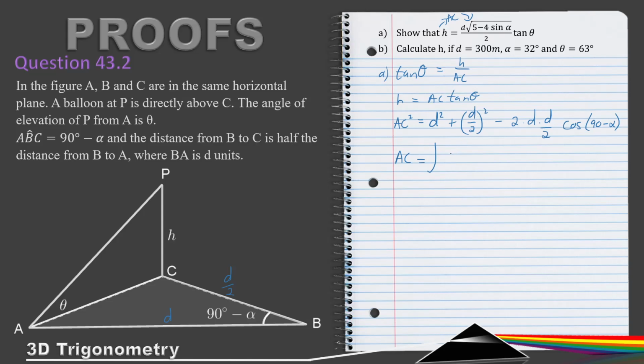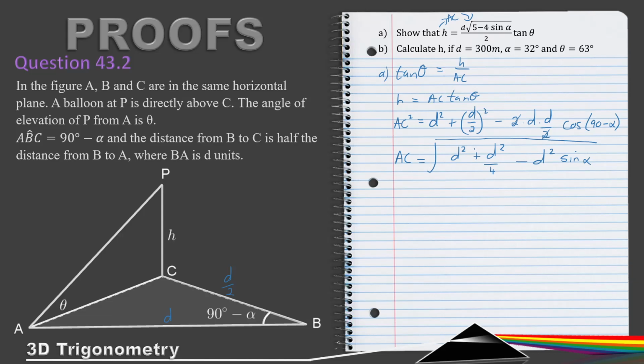So this is D squared plus D squared over 4, because it's squared, minus, so this 2 and 2 cancel, and then D times D is D squared, cos of 90 minus alpha. This is the reduction formula I can apply here. So this becomes sine alpha. And all of that in a square root.